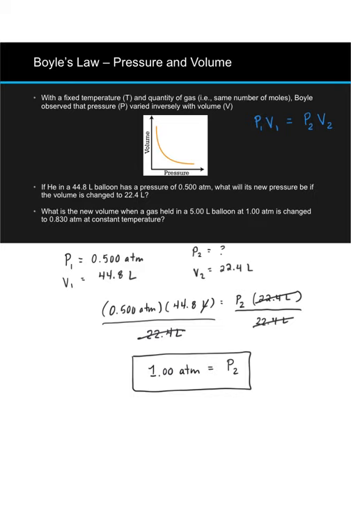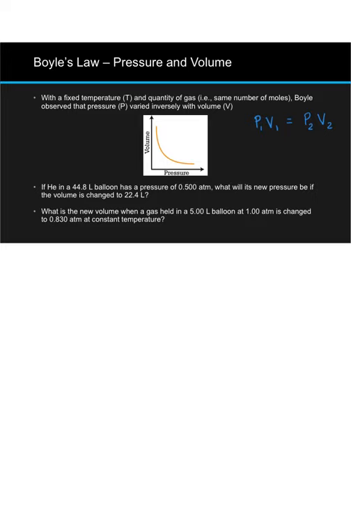So, I'd encourage you to pause this video here and try the second problem, then come back for the solution. In the second example, we would like to know a new volume. A gas that's held in a 5-liter balloon initially at 1 atmosphere has the pressure changed to 0.830 atmospheres.